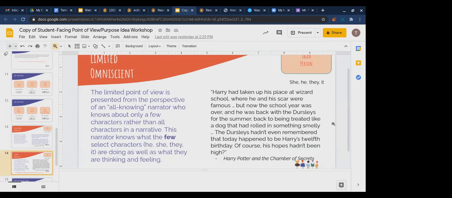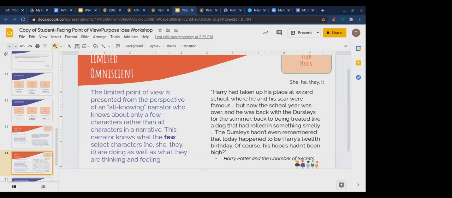Who is the character here in this example that we know the thoughts and feelings of? Yeah, so now you're right. It'd be Harry. Okay. Who then would be the characters that we don't know the thoughts and feelings of?